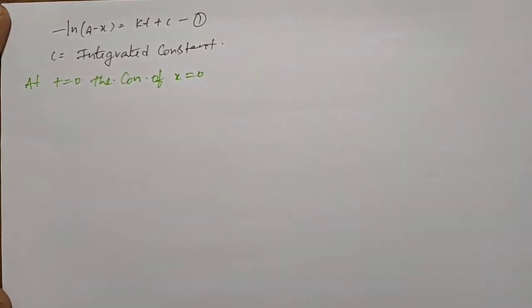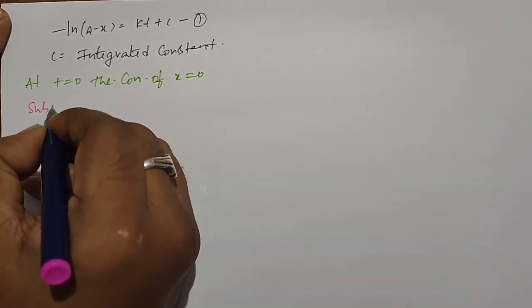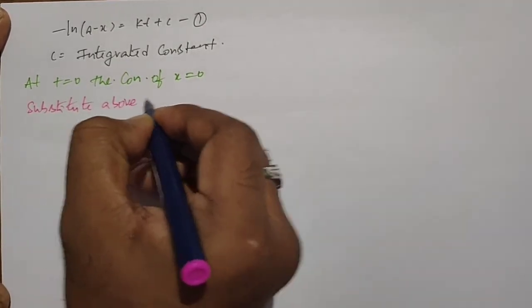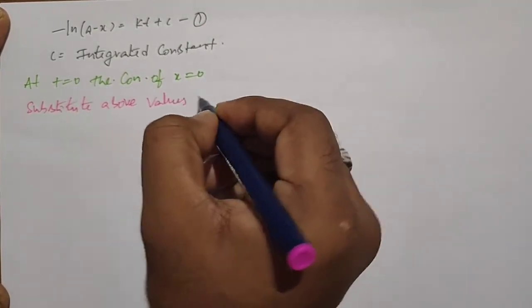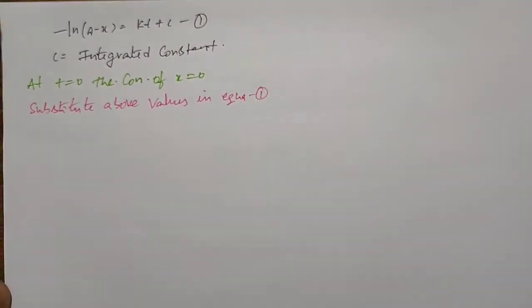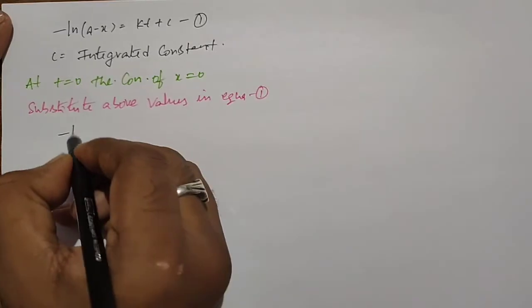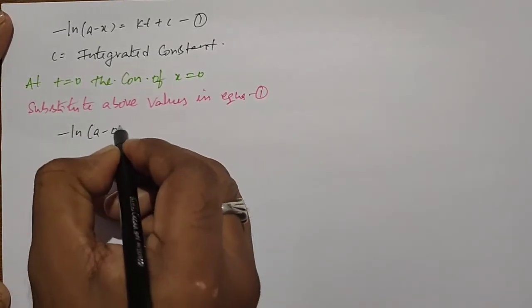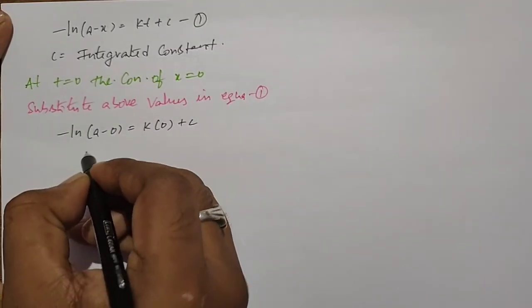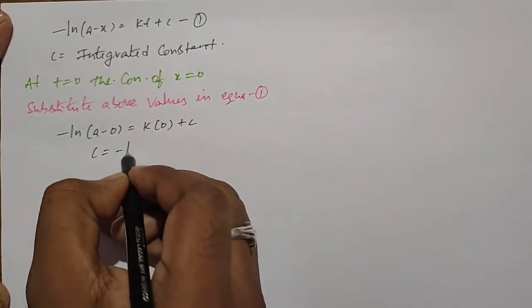Now substitute these values in equation 1. Then we get minus ln (a minus 0) is equal to k into 0 plus c, resulting in c is equal to minus ln a.